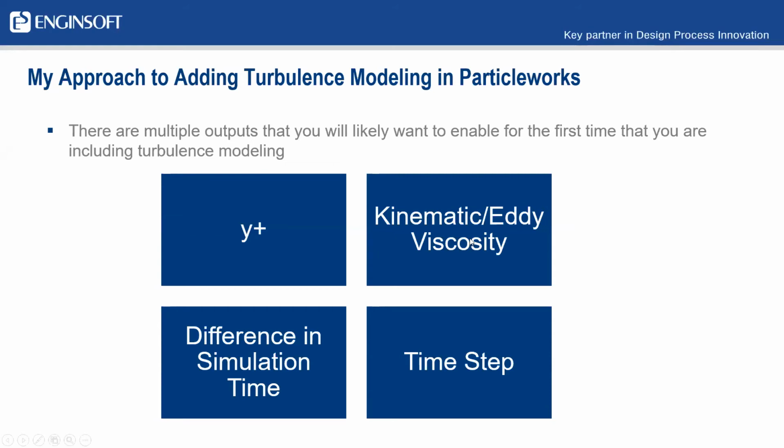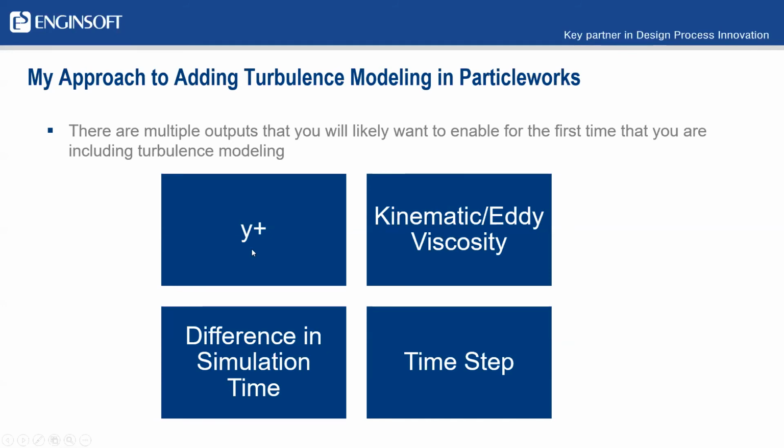These are values that you can add into your color map onto the particles. You can see what the y plus is for each particle, and you can see what the eddy viscosity is for each of those particles based upon the calculations that are happening beneath the surface. So those are outputs that are directly available that can be mapped onto the particles.